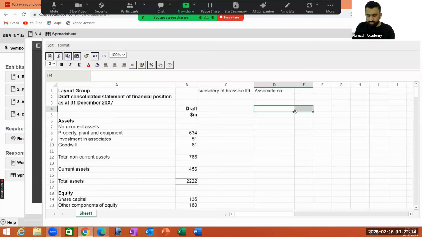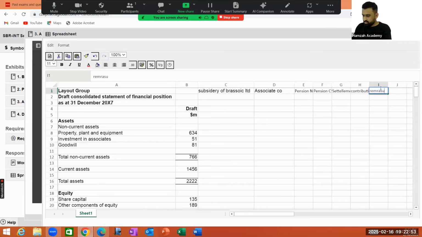Then we have adjustments relating to the pension plan, in which we need to account for pension net interest, pension current service cost, settlement, contribution, and remeasurement gain and loss.